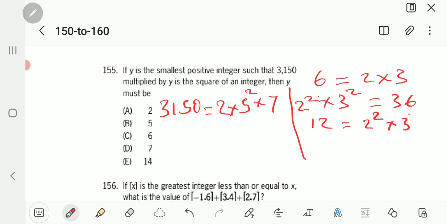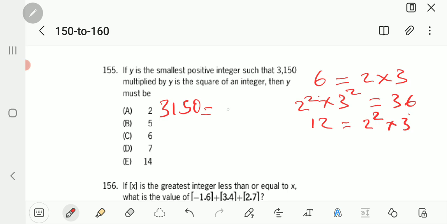No, I think this will not give us the answer. Let's see. So the prime factorization of 3150, we need to get 315. What can give us 315?